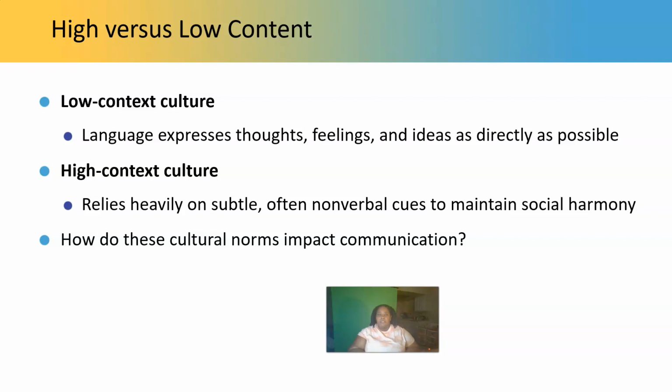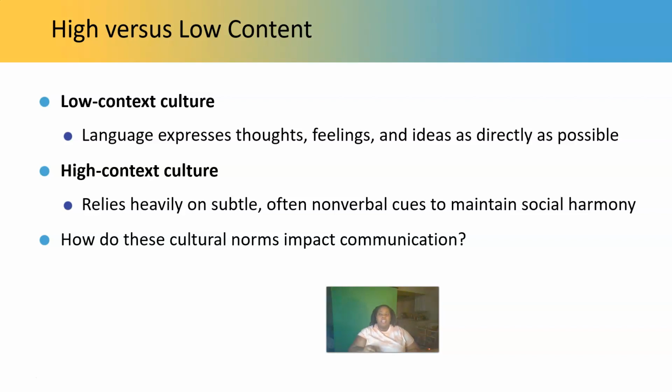So if you do have those experiences, think about how your relatives from other countries communicate. Are they more direct in their expression, or are they more indirect in their expression? So with those questions, let's dive into low and high context cultures.